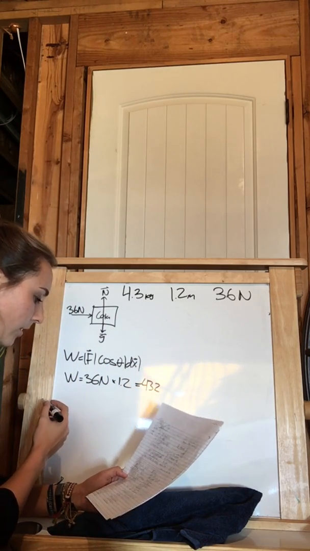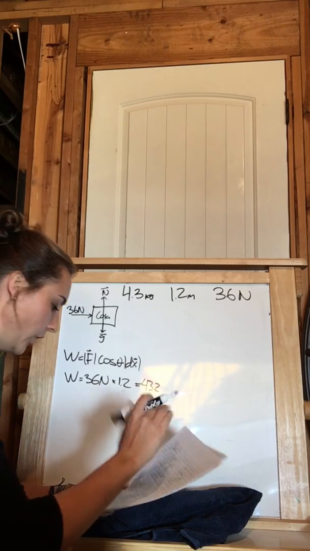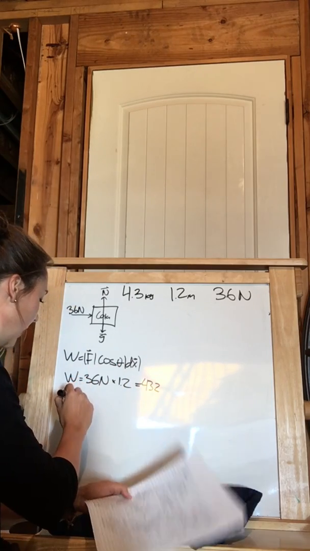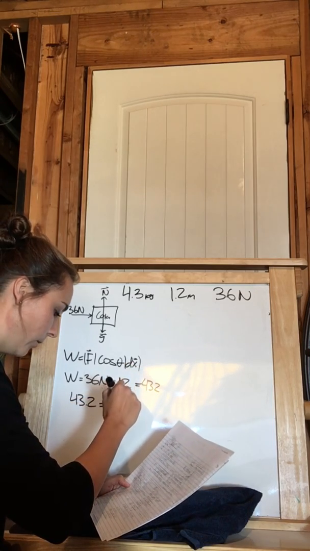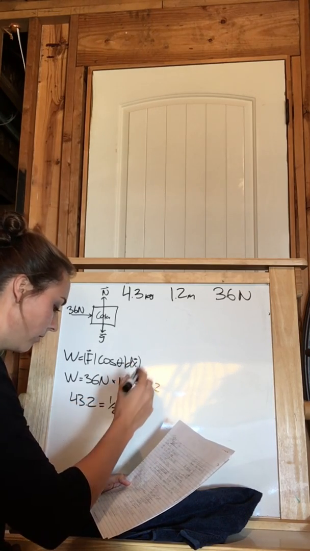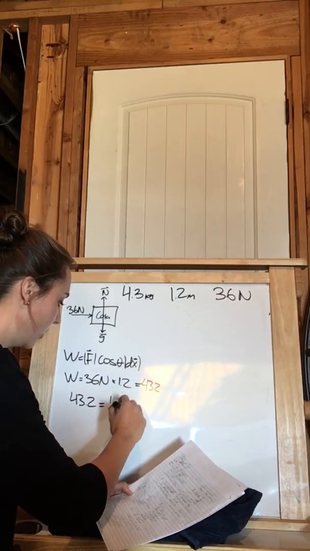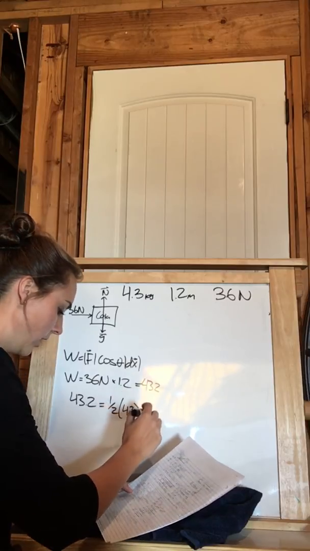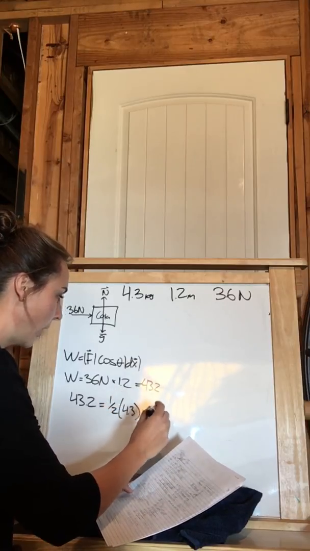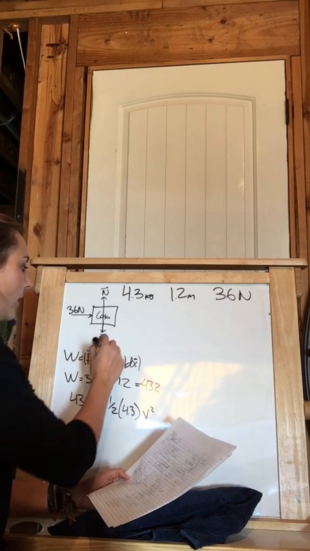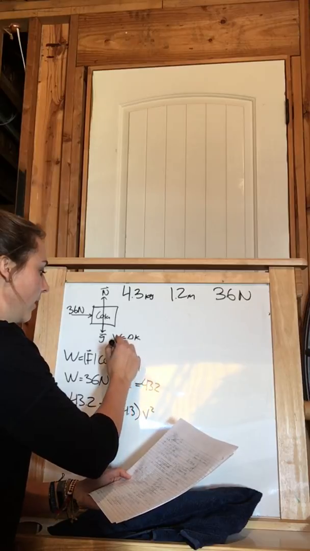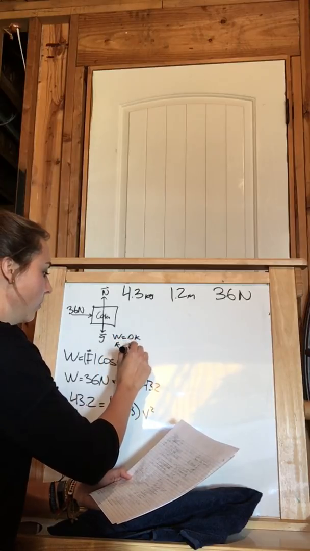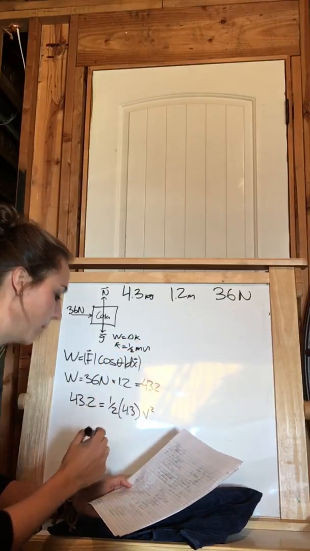Now using the work-energy theorem, we can set 43.2 equal to 1/2 mass, which is the 4.3, times velocity squared. That comes from the idea that work equals change in K, which equals 1/2 mv squared.